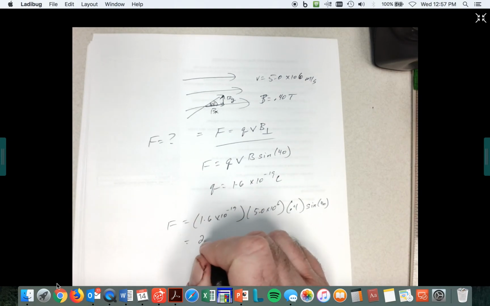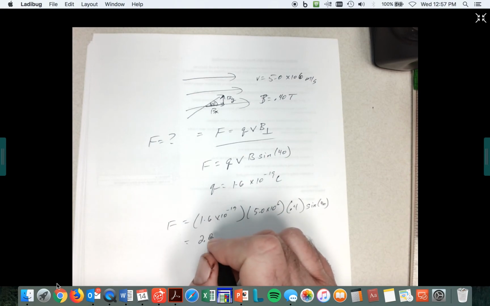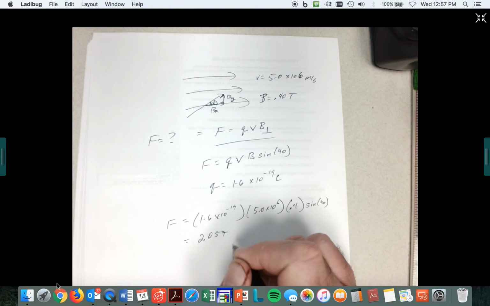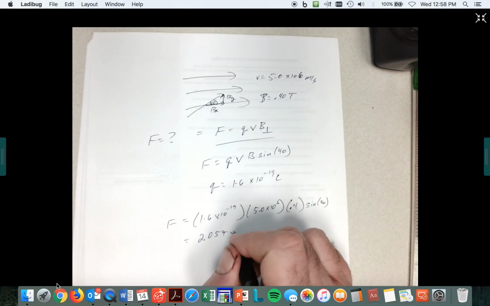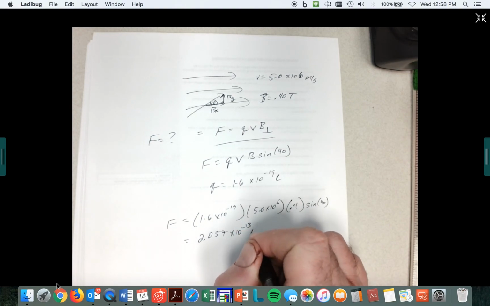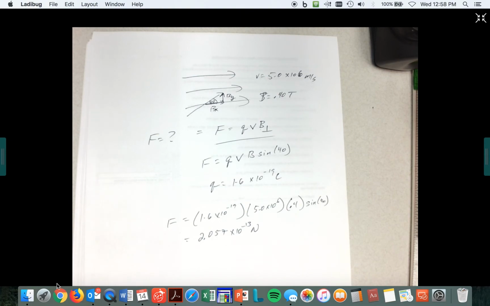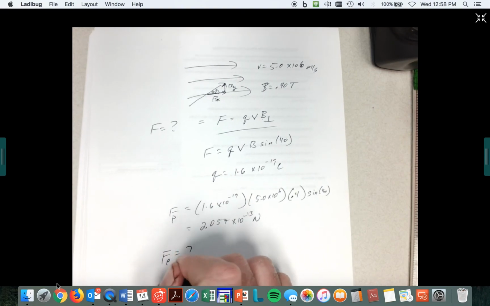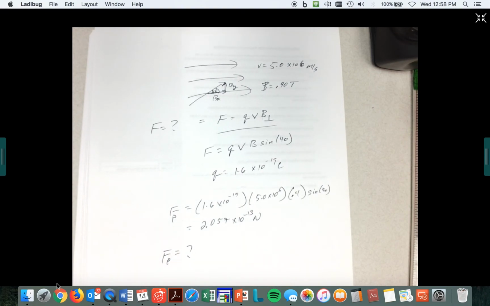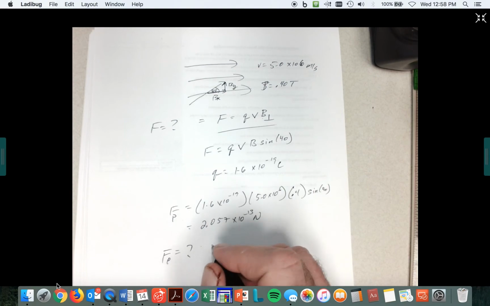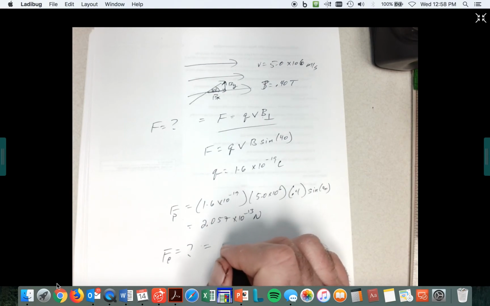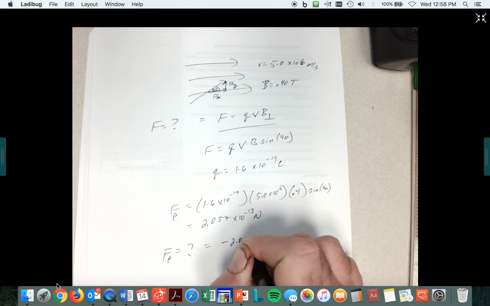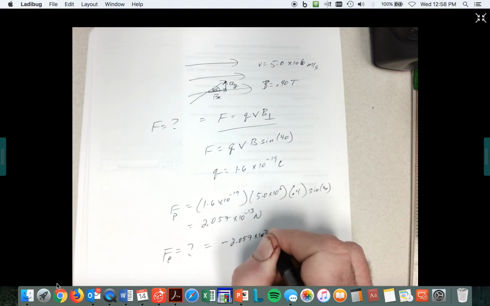That's 2.057 times 10 to the negative 13 newtons. Not too much of a force. All right, that's for the proton. What about the force on the electron? Same thing, except it would be negative 2.057 times 10 to the negative 13 newtons.